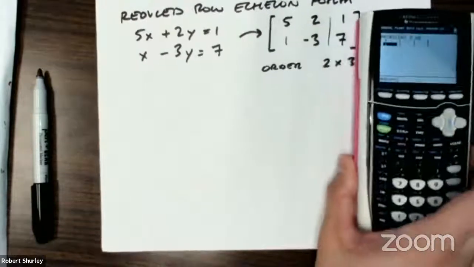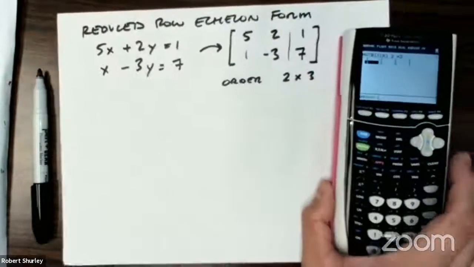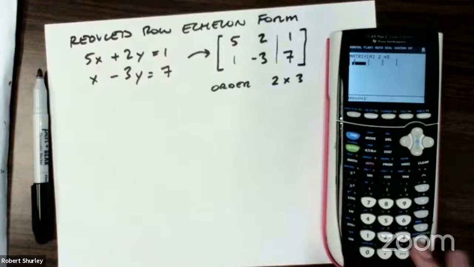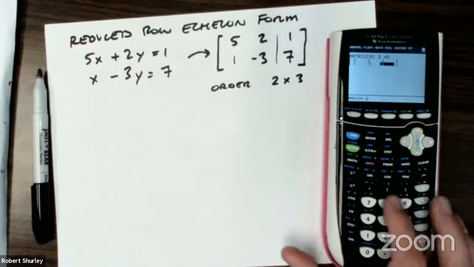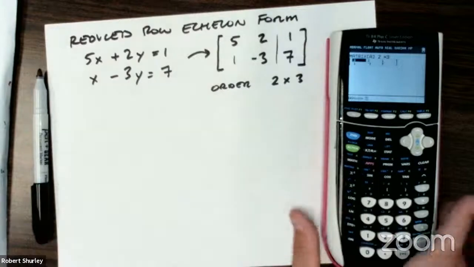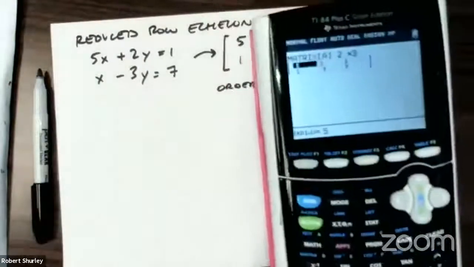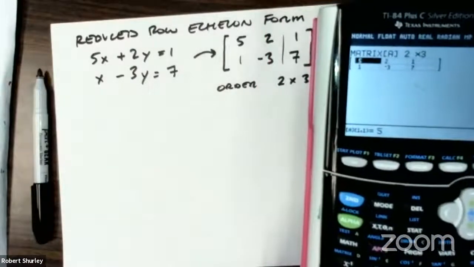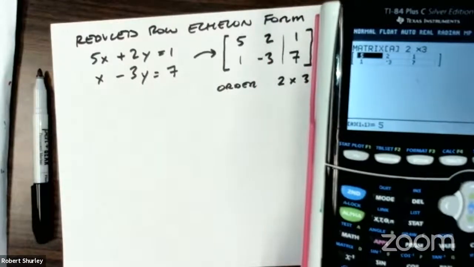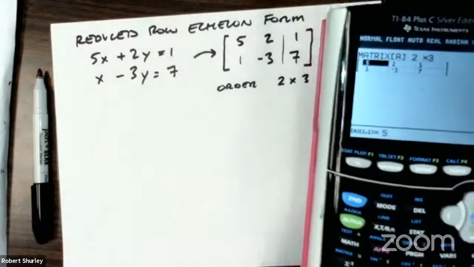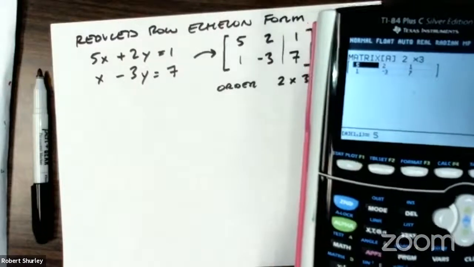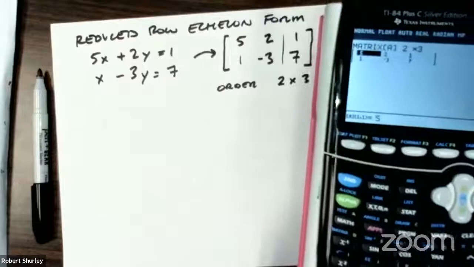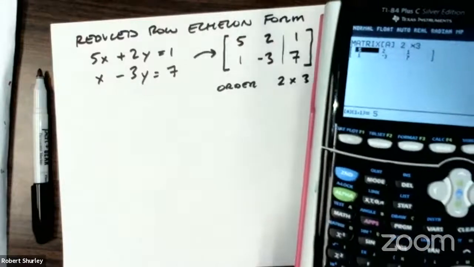I'm just hitting enter each time. And then 1, enter, -3, enter, and 7, enter. Okay? So your matrix, when you do this, should look just like that: 5, 2, 1, 1, -3, and 7. If you want to pause real fast, if it's not done, just hit pause and catch up. That's fine. But that's what it should look like.